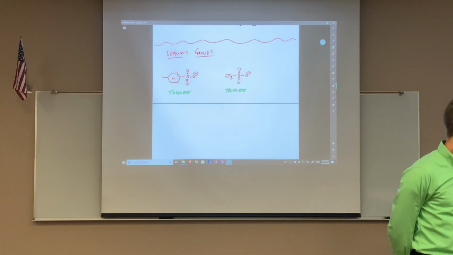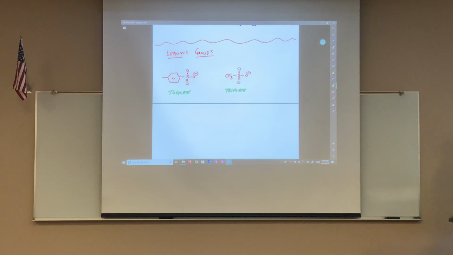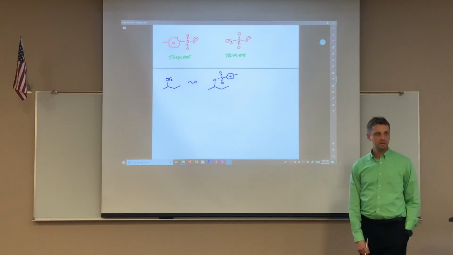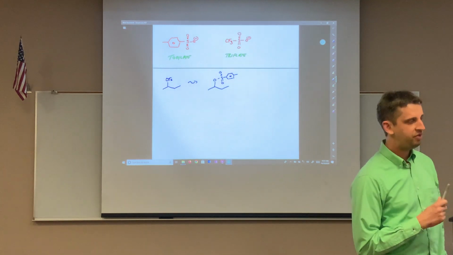Got it? Now, we'll see tosylate come up in chapter 10, I believe. When you see a tosylate, you'll see an O, a T, and an S like that, OTS. Tosylate's going to have basically 2 main functions for us.